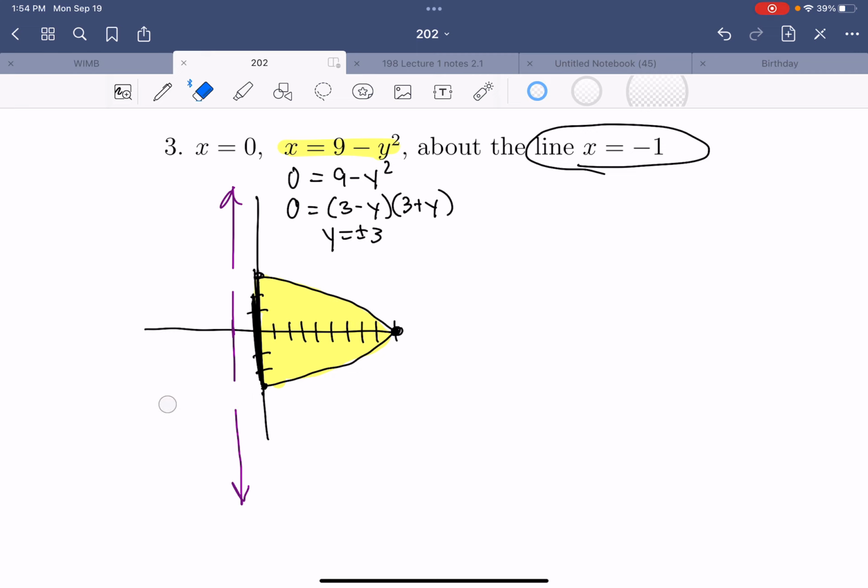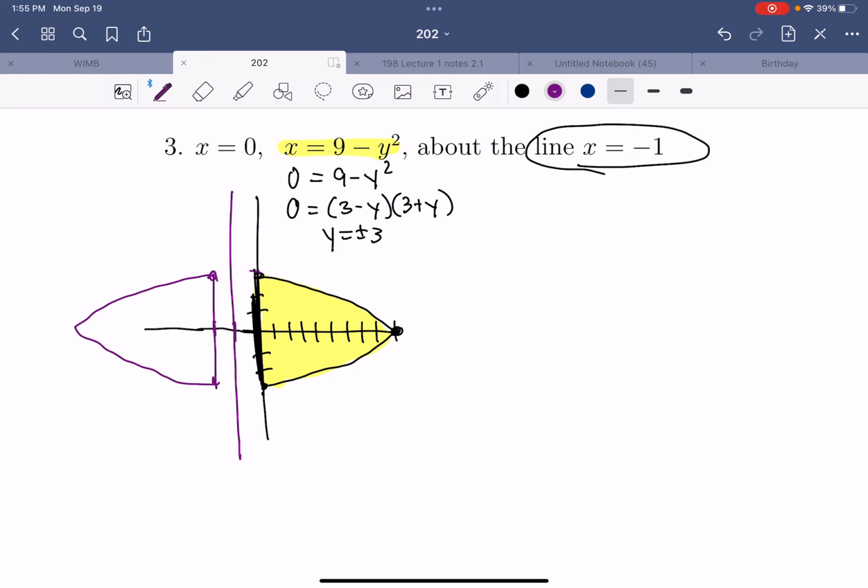Clean this up so I can make it pretty. I'm taking the same volume and I'm going to flip it around that line. If that's 1, then this is 1, and it goes like this.